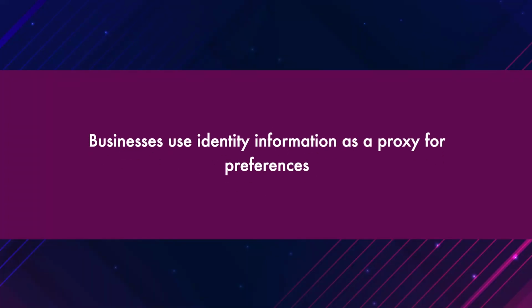Now, this is very popular in businesses. Businesses use identity information as a proxy for the preferences of the customers. For example, instead of trying to find out the exact reason why an individual purchased a specific car, say car X, the car dealer might instead find out the income and the profession of the purchaser or the customer.